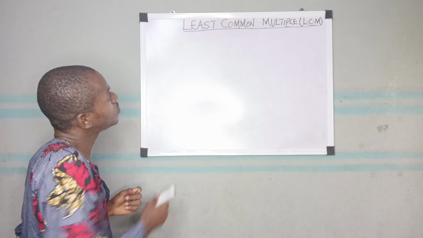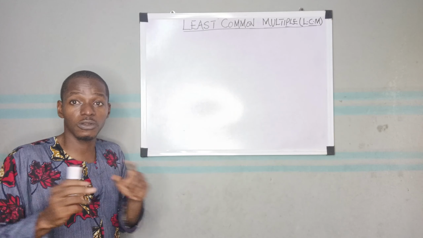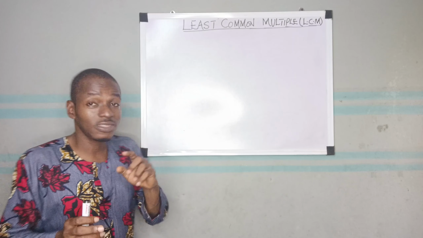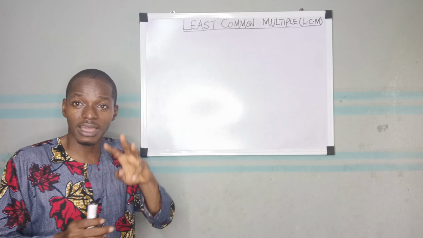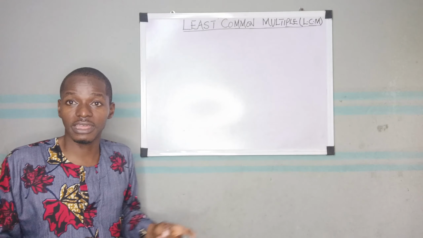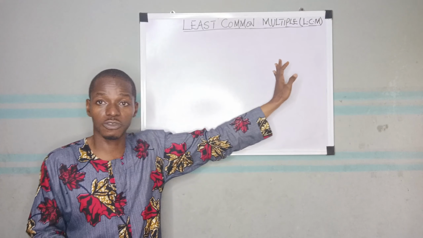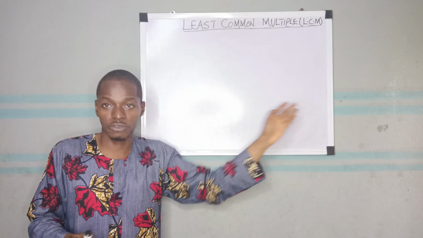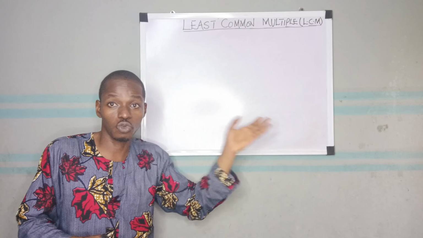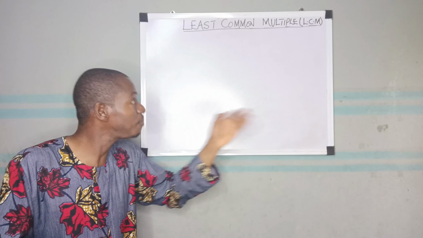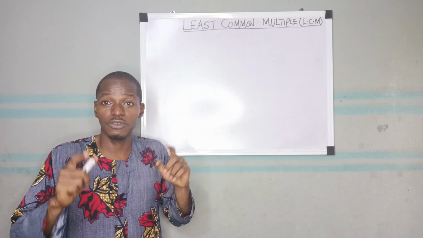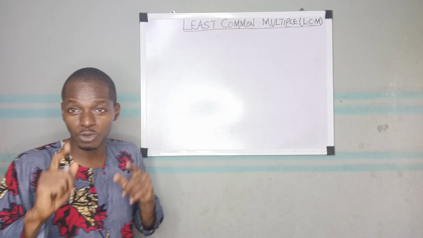Okay, let's use that as an example, but before we look at that, what are the methods of solving LCM? There are basically three methods of solving the LCM. The first is by listing the multiples. You list out the multiples of the two or more numbers you are looking for their LCM. The second one is by using the prime factorization method.